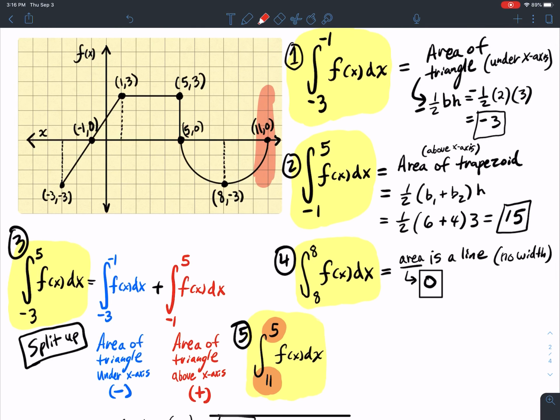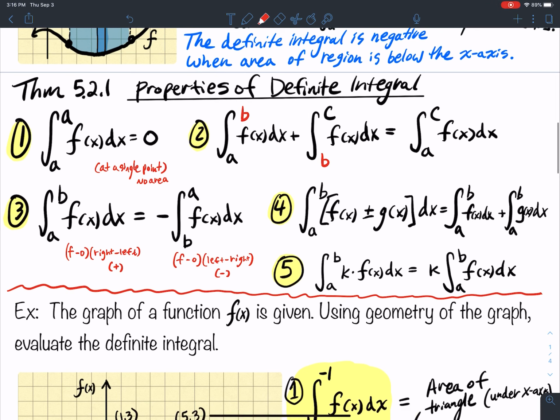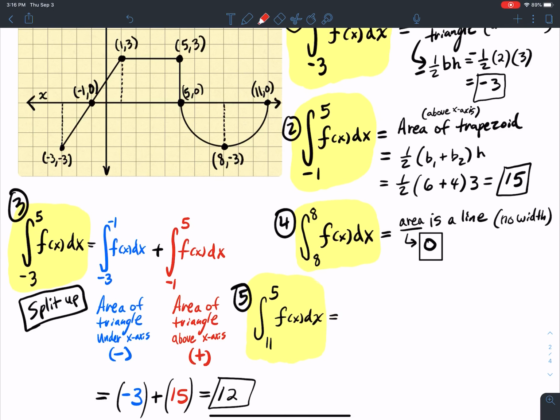So remember when we talked about this rule where we swapped, instead of going from right to left for our delta x, we were going from left to right, and what it caused was that negative sign to come out in front. So we need to fix this. So this is equal to the integral from, instead of 5 being the end, we make 5 the beginning, to 11, so that we have from least to greatest, summing from least to greatest.